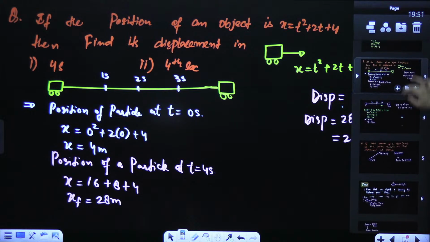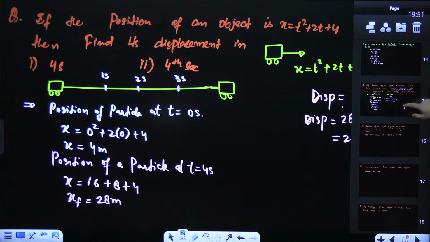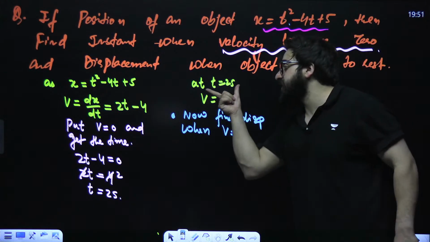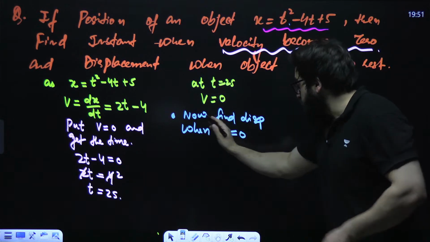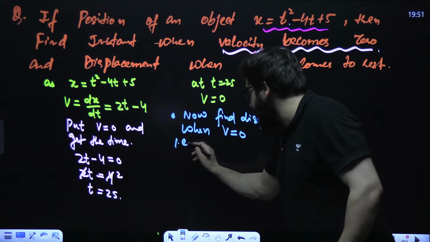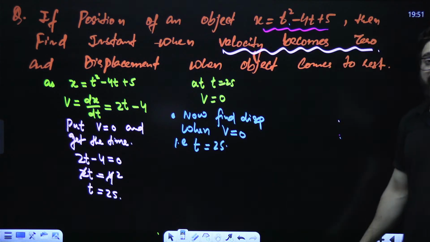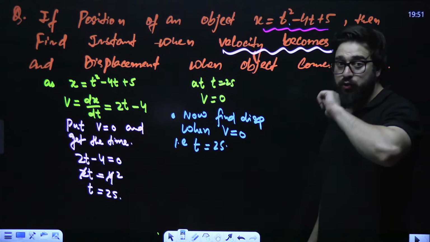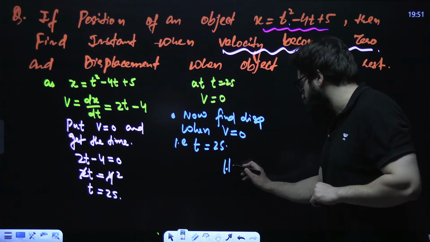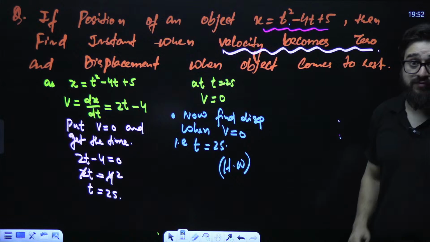Here in the question, you have to find the displacement when time t = 2 seconds. So now find the displacement when velocity is 0, that is at t = 2 seconds. You have to find the displacement in 2 seconds, and you are supposed to do this by yourself, because I have already shown you a question on this one.